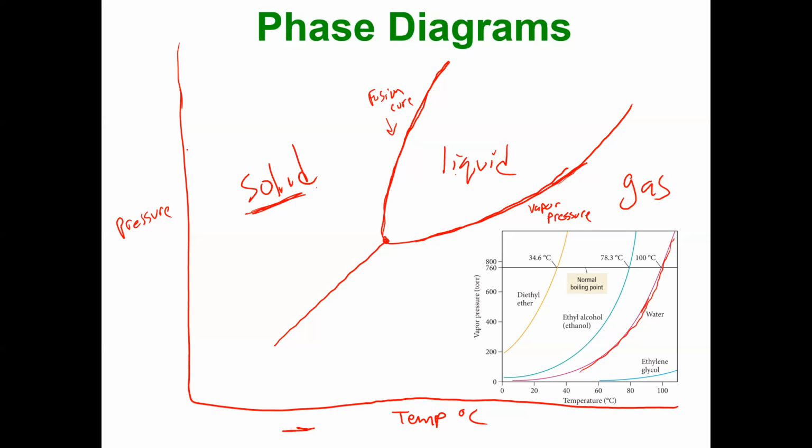So at a given pressure, I'll just make one up, and a given temperature right there, I would simultaneously in equilibrium have both states. I could have a solid and a liquid, depending on how much energy is put into the system, separating the molecules and disrupting those intermolecular forces and making sure that there is a greater distance, a greater amount of potential energy to convert it.